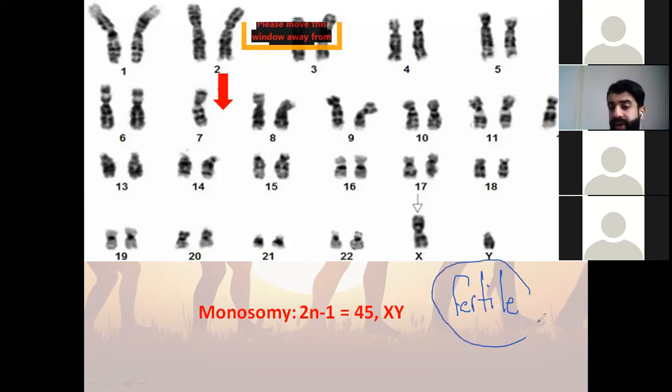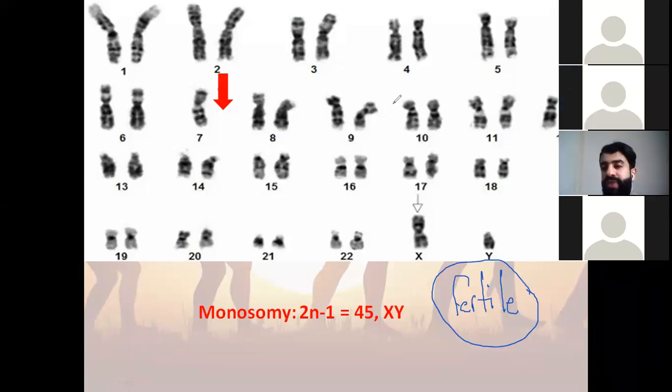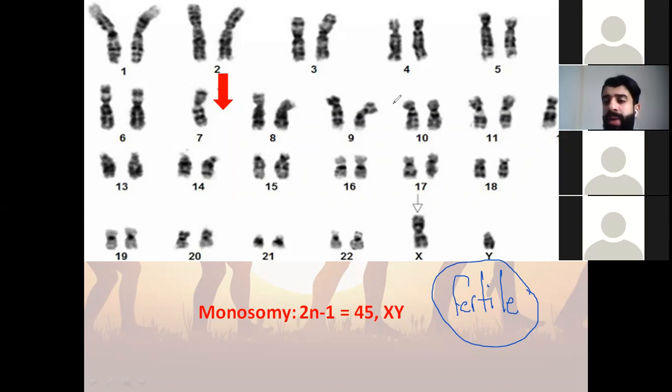While if the abnormality affects the gonosomes or the sex chromosomes, this is going to be a problem in fertility and will lead to sterility. That's why individuals having trisomy or monosomy can get married and give birth to individuals. Why? Because their abnormality affects the autosomes and they are fertile and not sterile.